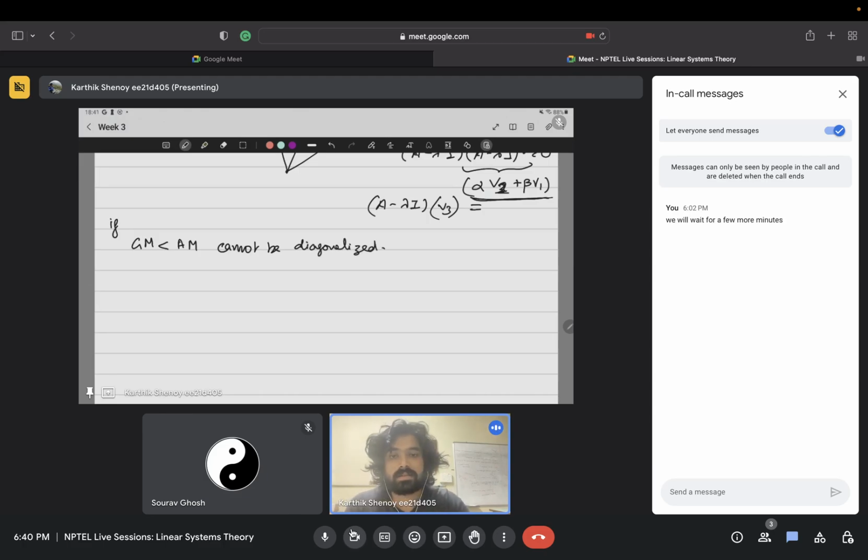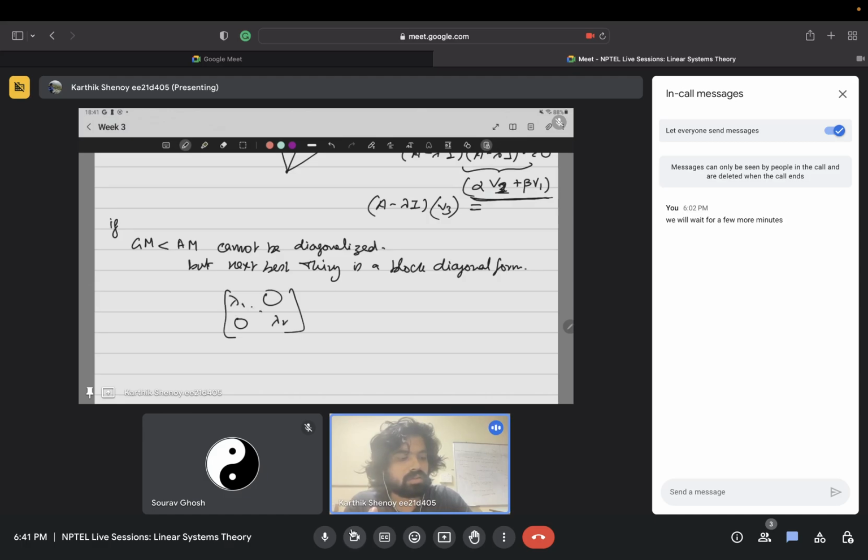So what is the next best thing you can do? You can have a block diagonal form. Since you cannot diagonalize, the next best thing is to block diagonalize.